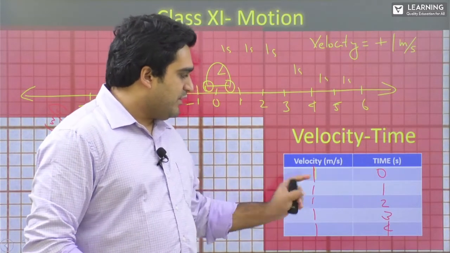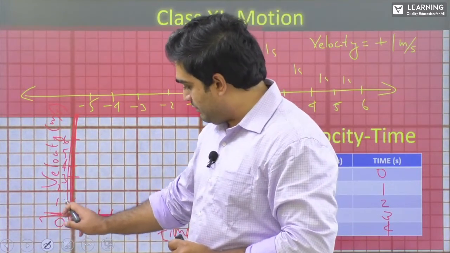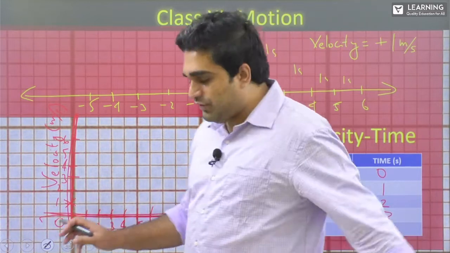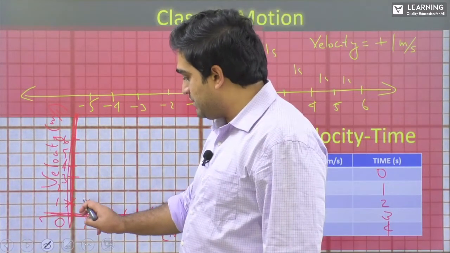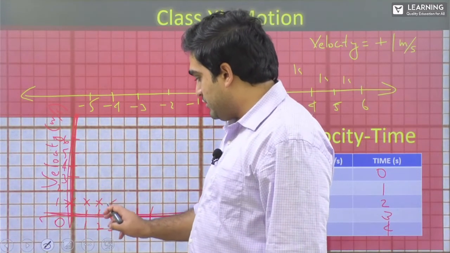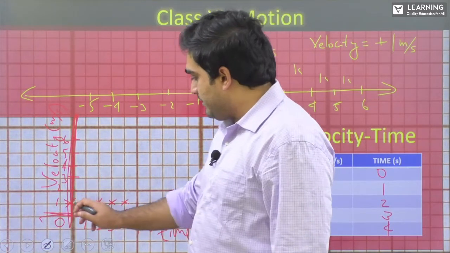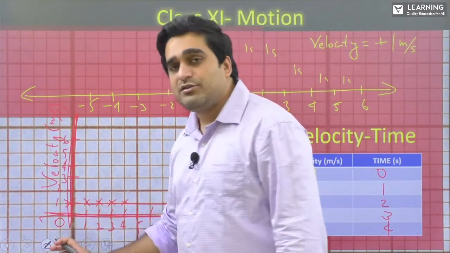When time is 0, velocity is 1 meter per second. Time is 1, velocity is still 1 meter per second. Time is 2, velocity is still 1 meter per second. Time is 3, 4. So you get this horizontal line which is parallel to the time axis.